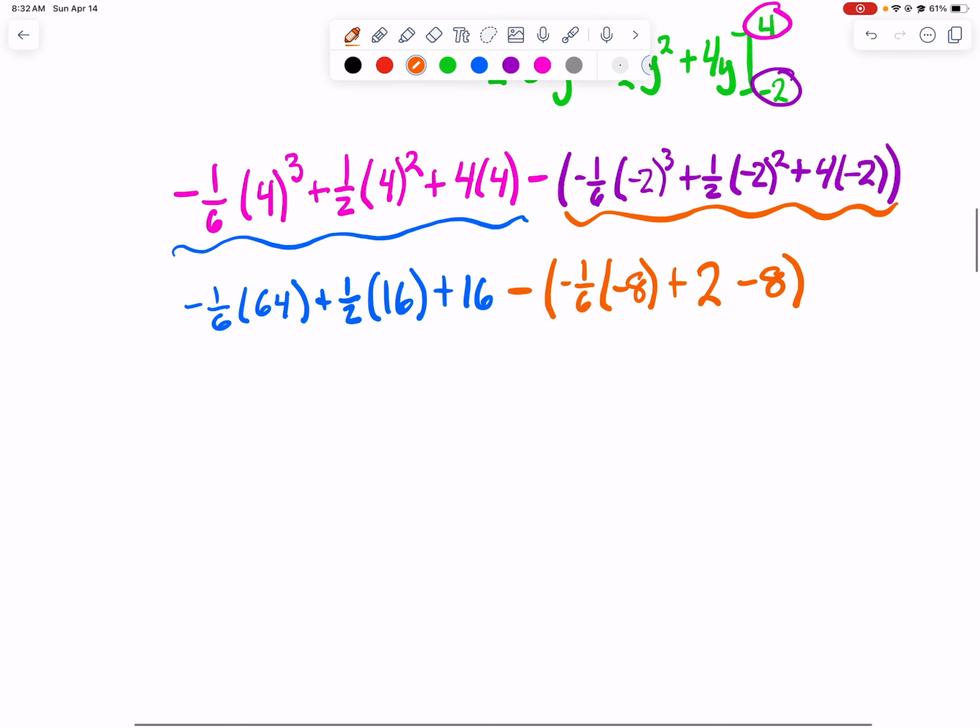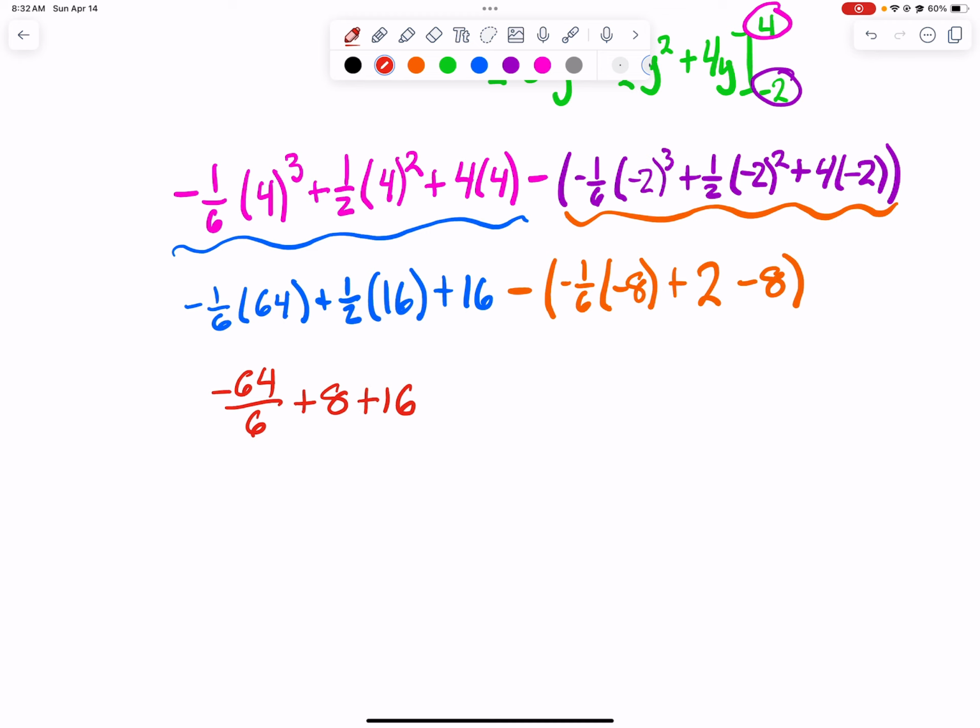Let's keep going here. 64 is not divisible by 6, so I'm just going to leave it as an ugly fraction. So we have negative 64 over 6 plus 8 plus 16. I'm going to distribute my negative while also doing things.